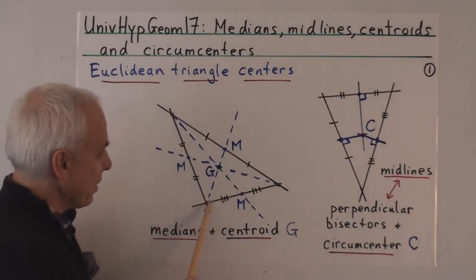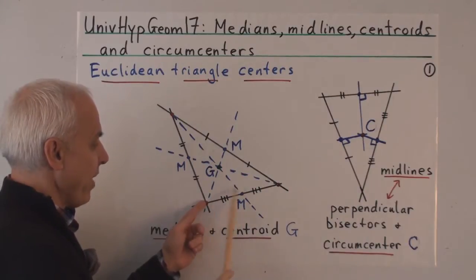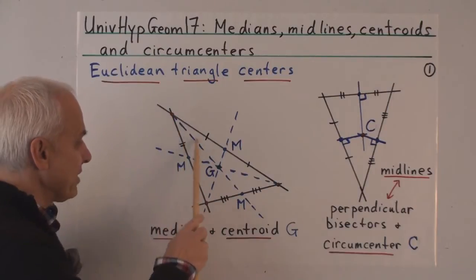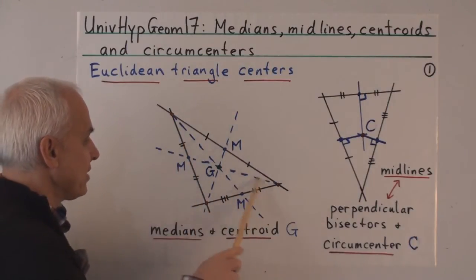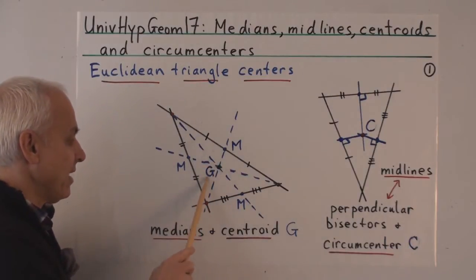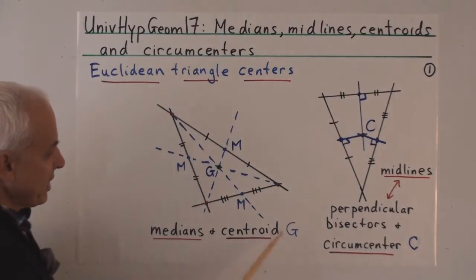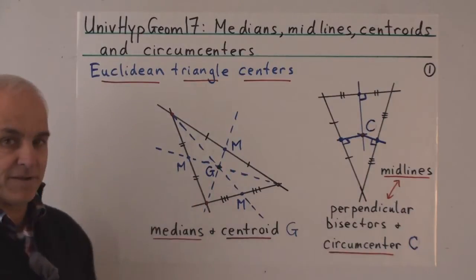A median is what you get when you take the midpoint of a side of a triangle, so halfway between the 2 points, and you join it with a line to the opposite point of the triangle. So that's a median. And there are 3 medians in the triangle, and they meet at the centroid, which is usually called G. And we're using capital letters for points here because this is the Euclidean setting.